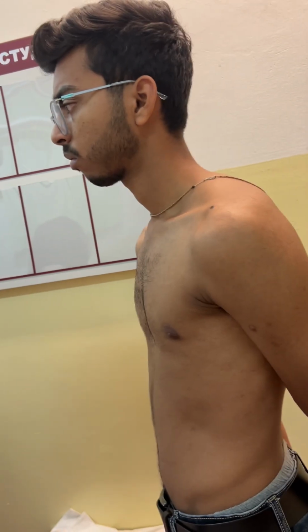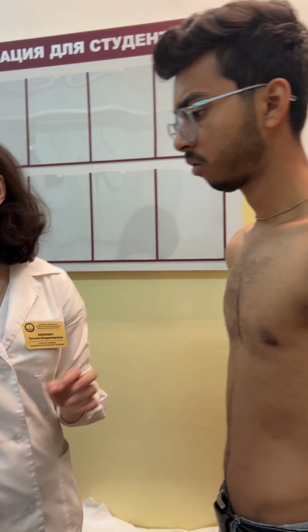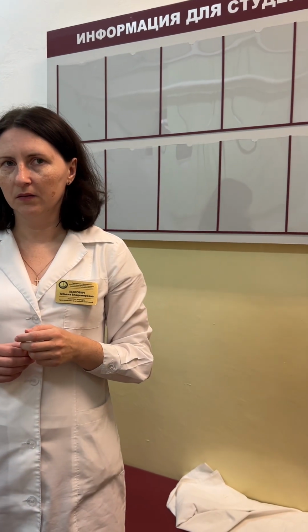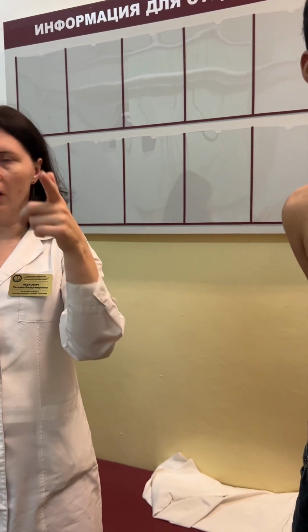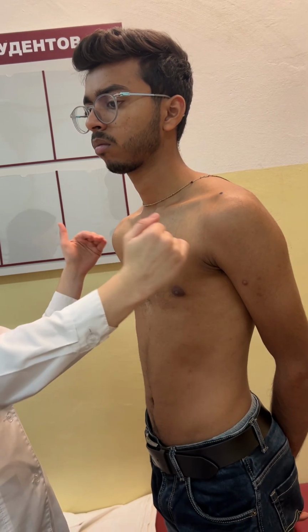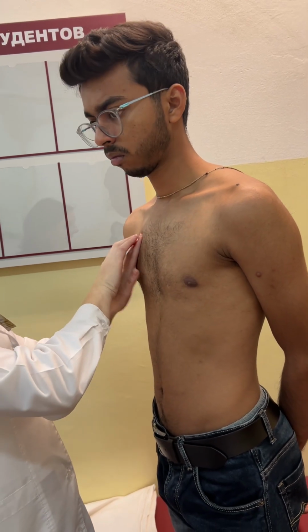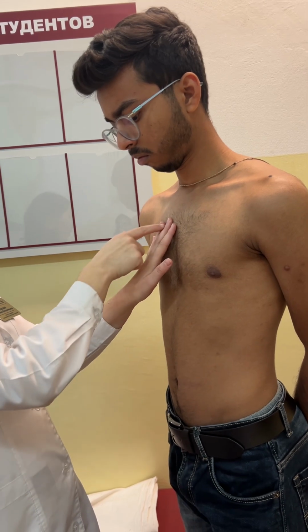We should find the vascular fascicle in the second intercostal space. What does the vascular fascicle include? Superior vena cava and pulmonary artery. Trivessel, like you see on the picture: vena cava superior, aorta, truncus pulmonalis. Okay? We move from the midclavicular line on both sides toward the sternum. Decreased sound.